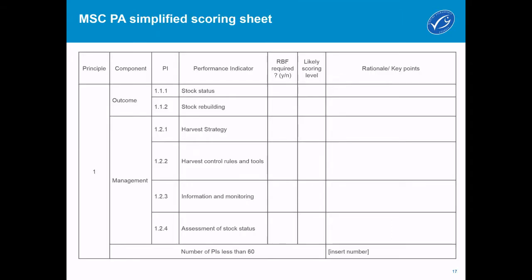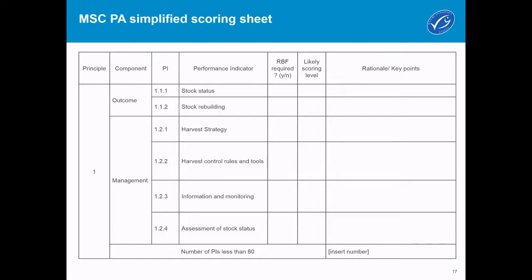Equally, there's a simplified scoring spreadsheet, which is shown here on the slide. A little bit simpler. You can still provide some information to remind yourself why you gave your scoring categories. Don't worry about the RBF column, that's not necessary.